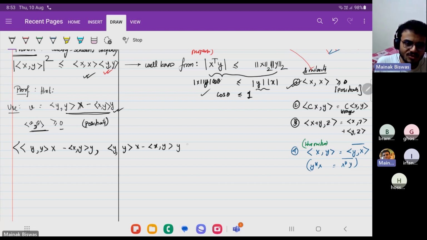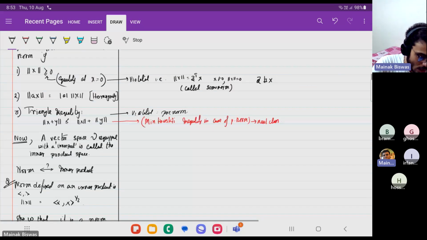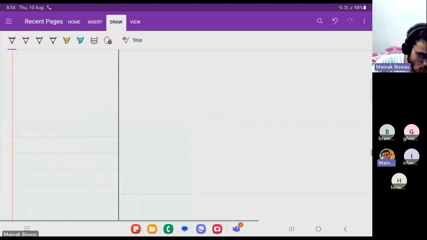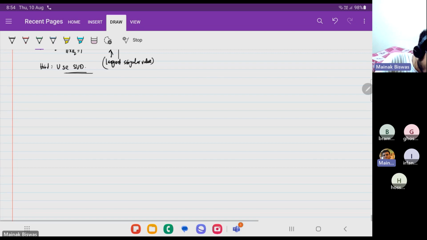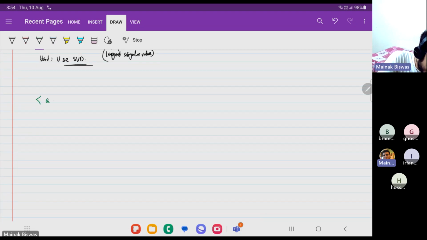Before we go on to solve this, to decrease the notation and hodgepodge, I'll just show you how to expand a sum of two. The inner product of A plus B with C plus D. Can you tell me what it will be? How will I expand this? First, what property will I use?